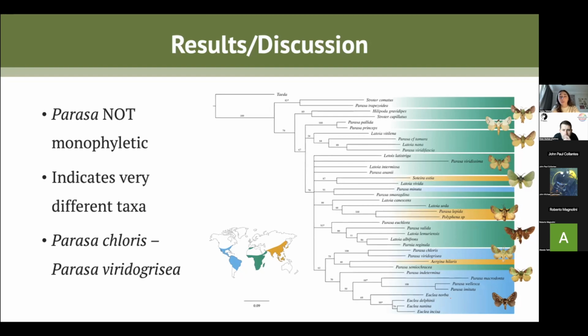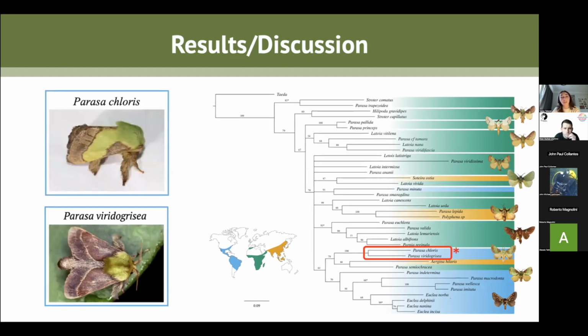But with this, I want to point out where Parasa chloris is, which is the type species of the genus. So chloris is found here, meaning that this clade at the very least is true Parasa. In every analysis, including the morphological only, chloris was found to be sister species to Viridogrissia, which is another American species, so they clearly share some affinities. This is what both of those species look like.